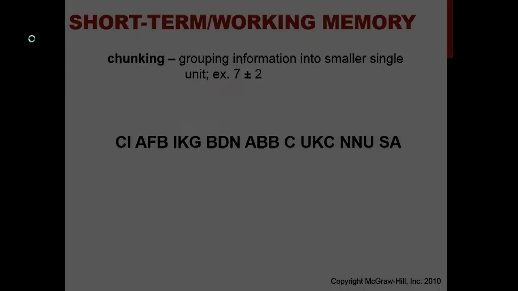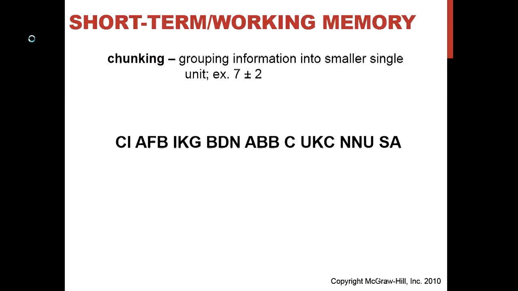Now I want you to try and write down as many of those letters as you remember. Great. Now, here's our list of letters again. How many of these did you remember?